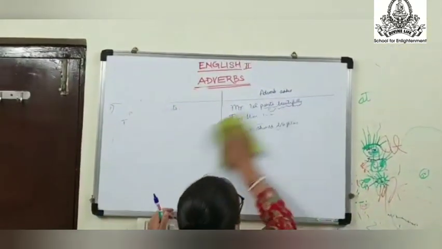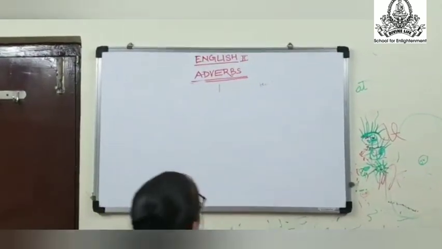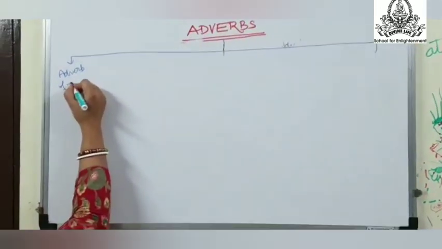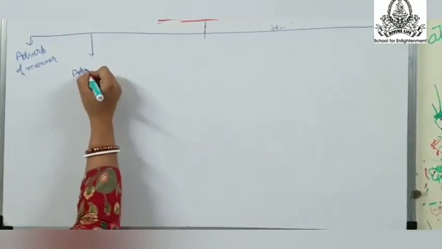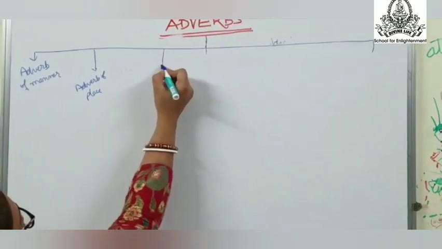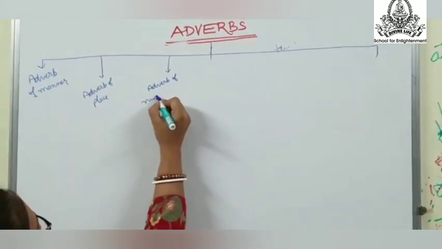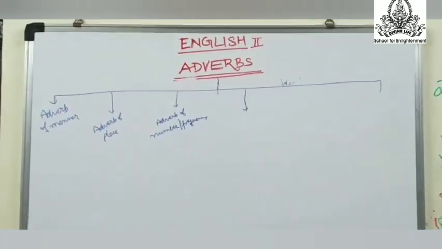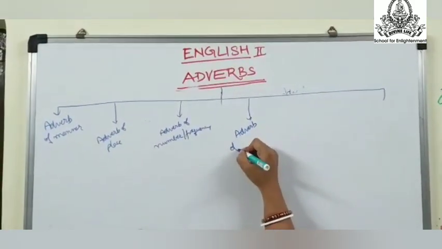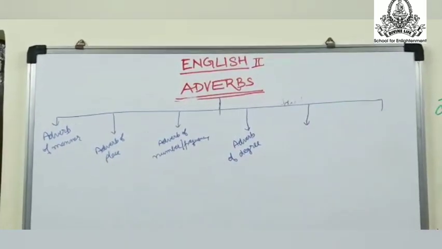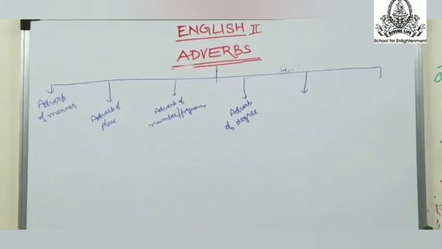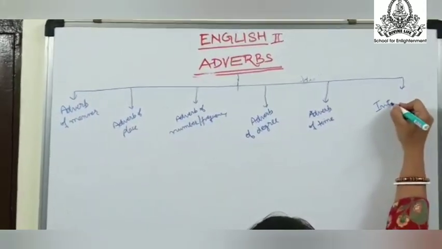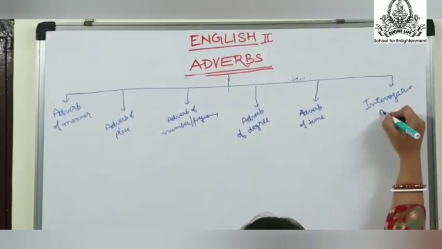Depending on the value the adverb is adding to its verb, adverbs are categorized into 6 broad categories, namely adverb of manner, adverb of place, adverb of number or frequency, adverb of degree, adverb of time, and interrogative adverbs.